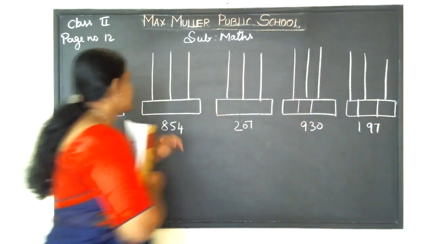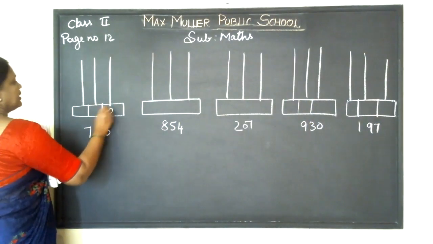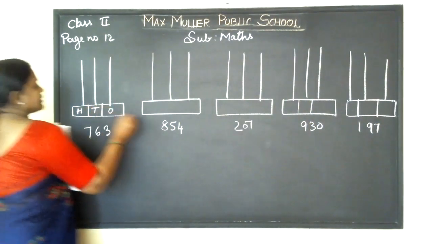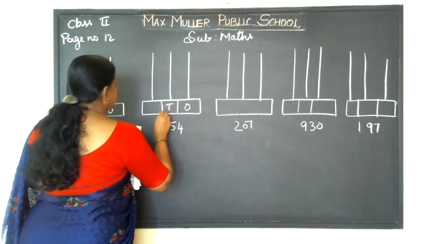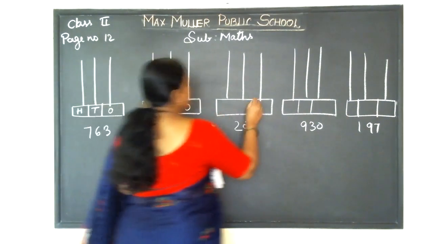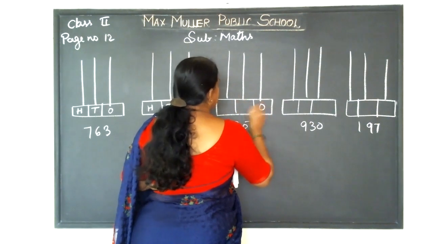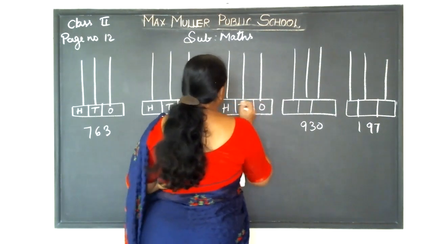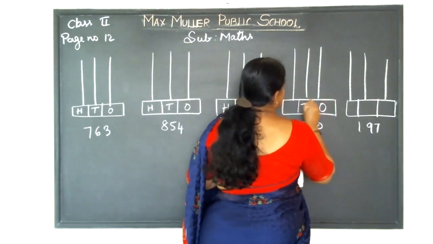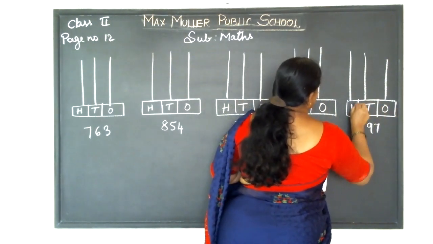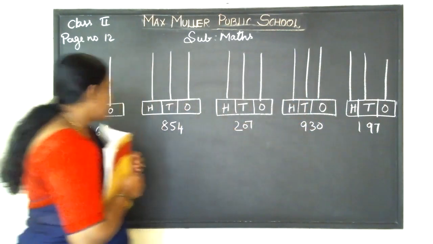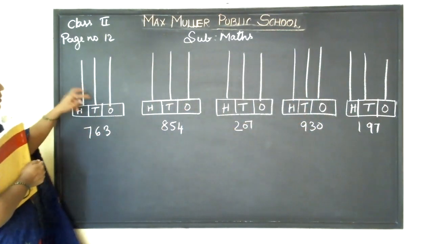See, this first spike shows ones, tens, hundreds. Ones, tens, hundreds. See, already the number is given, you want to put the beads.